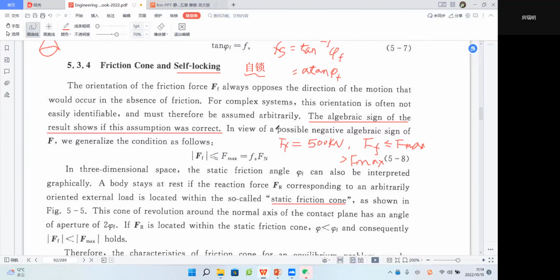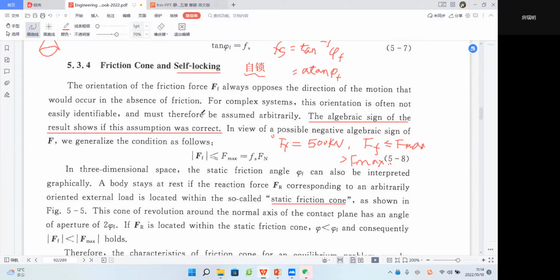This system is not in a state of balance. You should not use this to calculate its FF. This is the condition we should test to see whether that assumption is right. I only need you guys to have an impression. I do not require that you know this exactly, right?